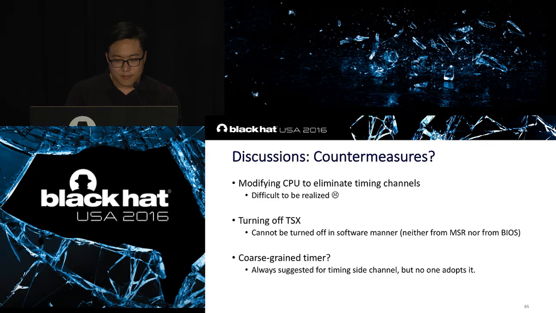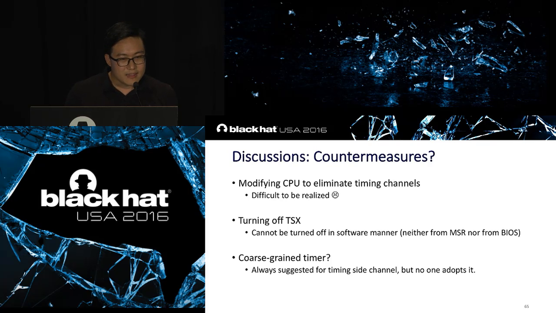And next is the discussion about countermeasures. We thought about some potential countermeasures, and one direct thing is to modify processors to not cache the TLB or decoded iCache if the privilege is not matched. But this is difficult to realize because it requires hardware modifications, so it is very hard to deploy and patch on deployed processors.